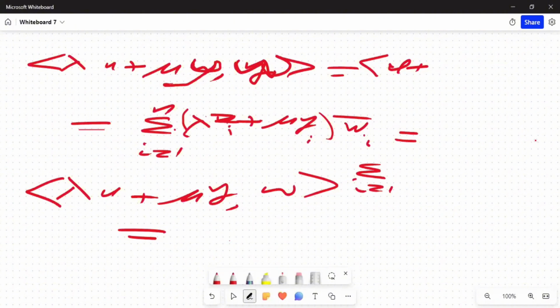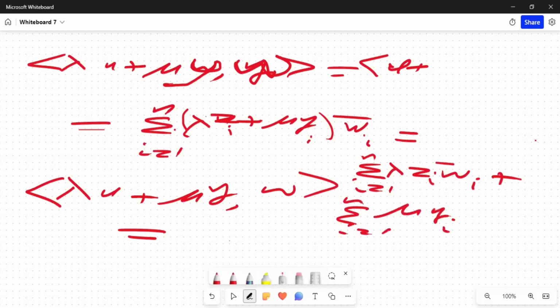This will be summation i running from 1 to n of lambda zi wi conjugate, plus summation i running from 1 to n of mu yi wi conjugate. I just opened the bracket. This one will multiply this, and then this one will also multiply this.